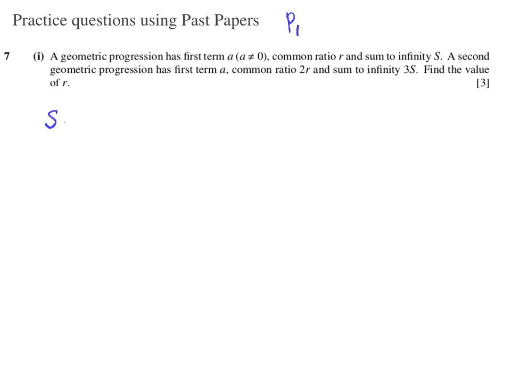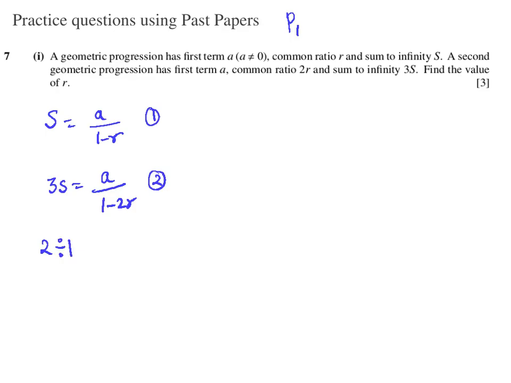So s equals a upon 1 minus r, and here 3s equals a upon 1 minus 2r, applying the formula for the sum of a geometric infinite series. Let's say this is equation 1 and this is equation 2. Now we divide equation 2 by equation 1.